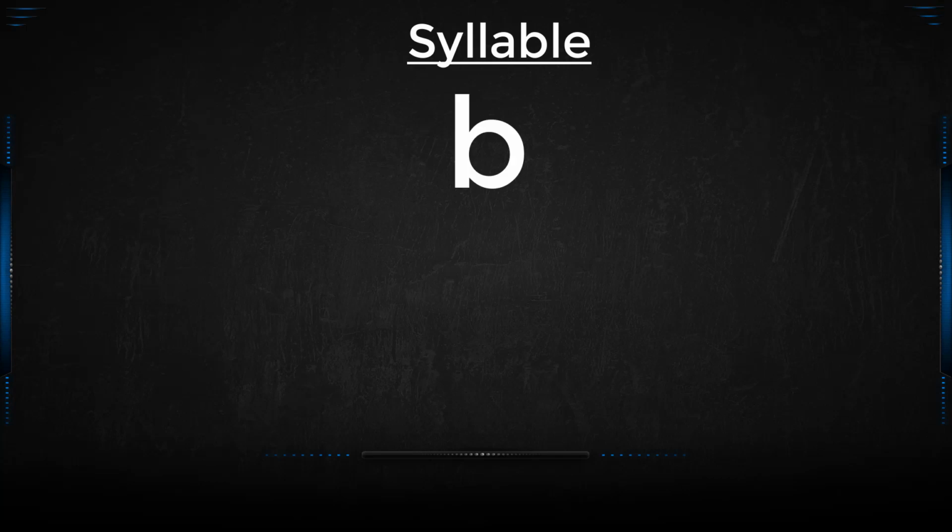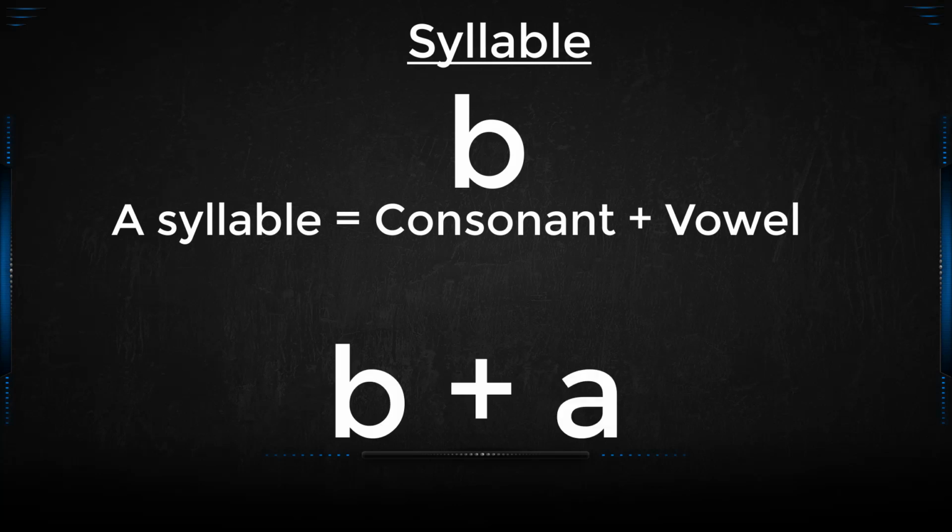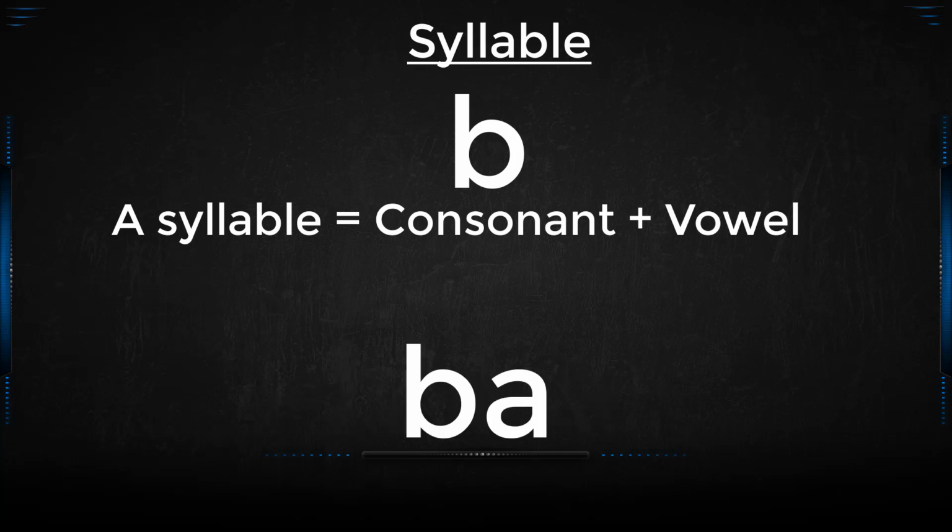To form a syllable or a sound, you take the consonant. In this case, it's letter B, and then we add A. B plus A will be pronounced as Ba, like the bar where you go to drink.